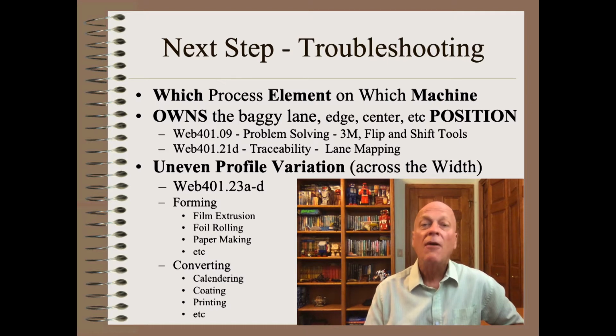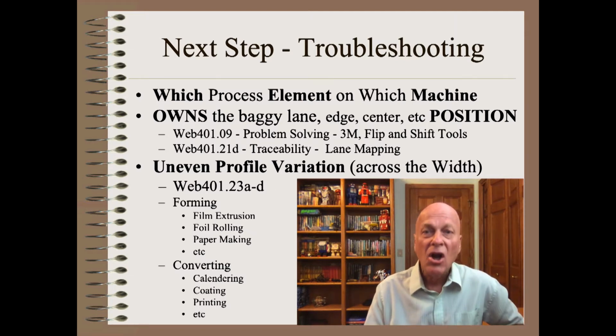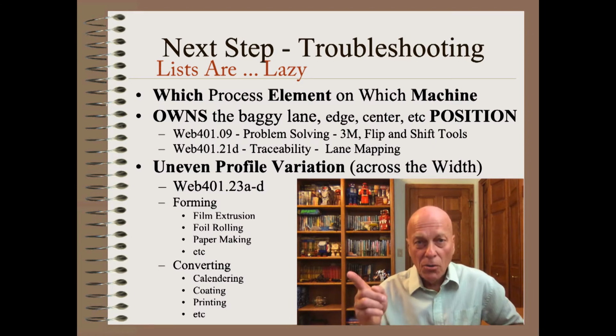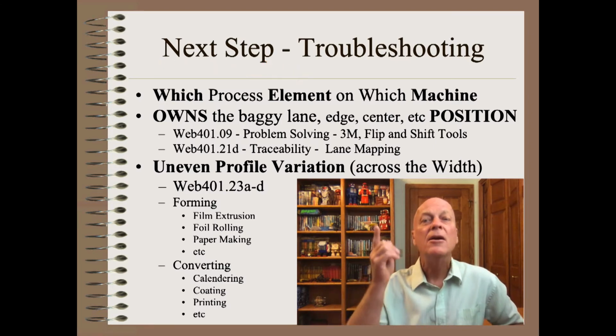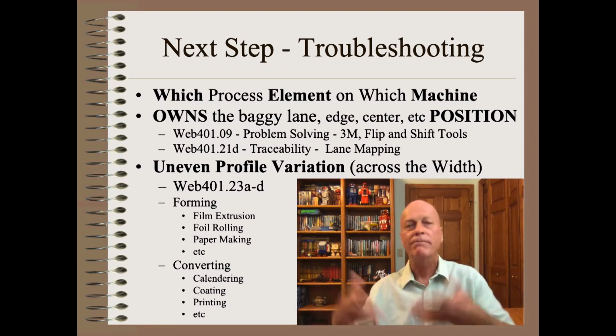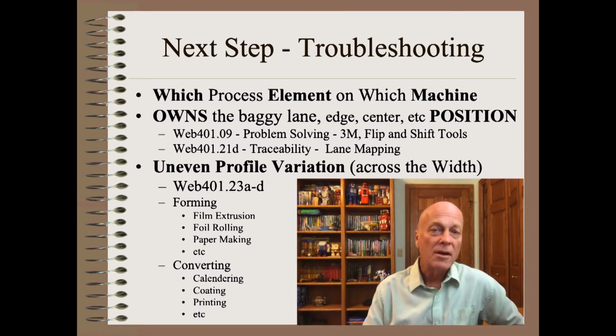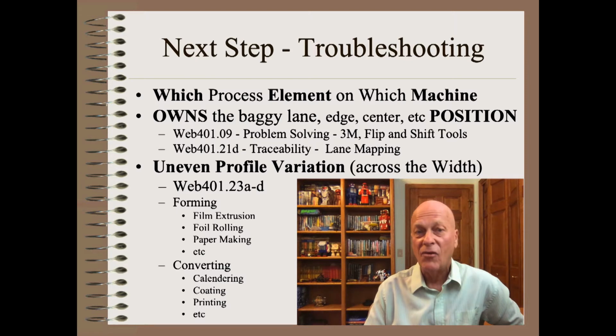Troubleshooting will go far beyond merely making lists of candidates that might cause bagginess. Lists are lazy troubleshooting. You want to find the root cause, not a possible root cause. See my troubleshooting books, columns, and clips for ideas on how to do this.